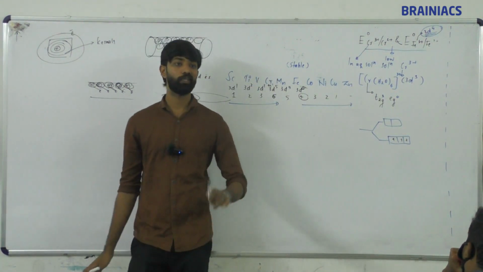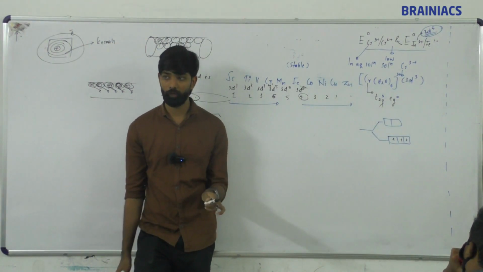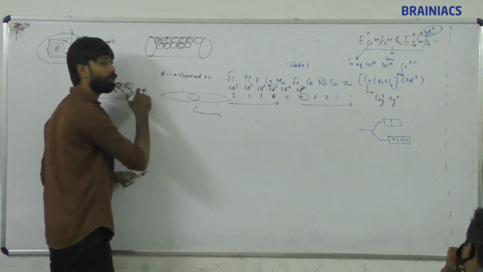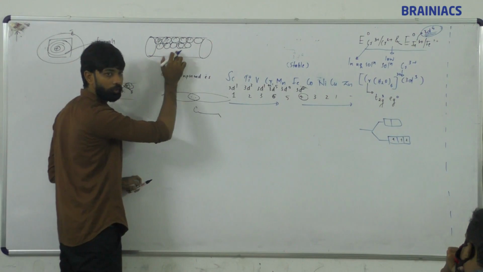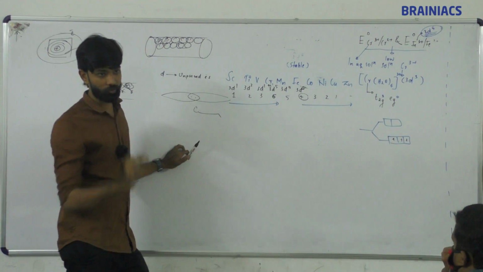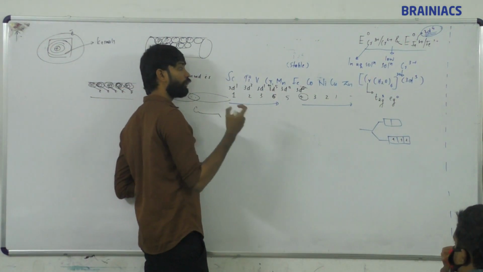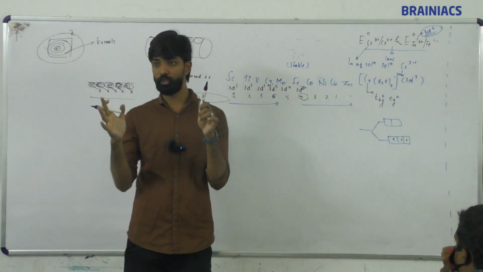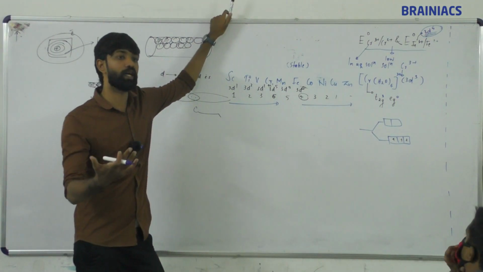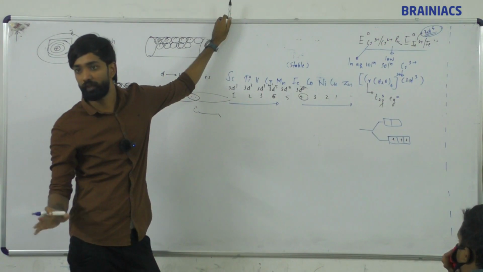So the strength of covalent bonding and the strength of metallic bonding in a metal crystal are due to the presence of freely available valence electrons. Covalent bonding and metallic bonding are the intermolecular force in your metallic crystal. If the intermolecular force is higher, then the melting point, boiling point, and heat of atomization will be higher.